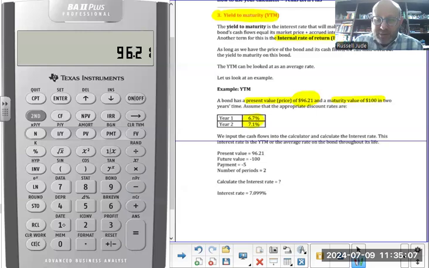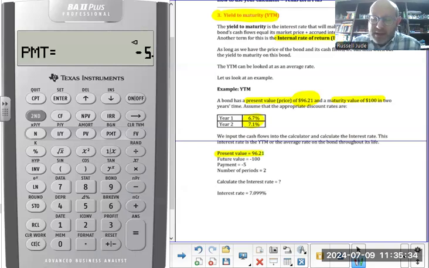I now have that present value of $96.21. We can put that in. We know the future value of this particular loan is $100, and you can see I put that as a minus future value. We know that this bond makes payments of $5 a year. So let's go $5 negative, and let's go payment.